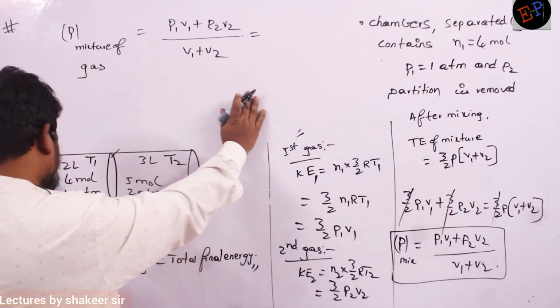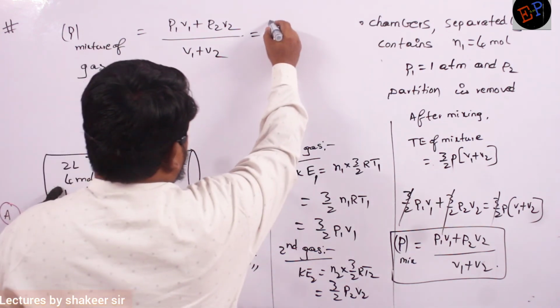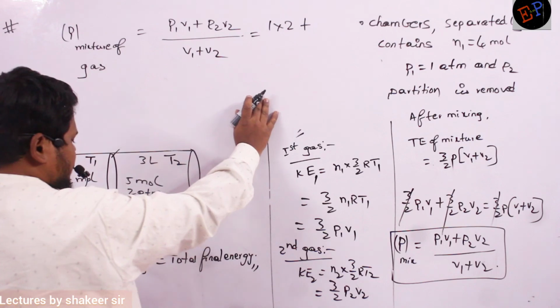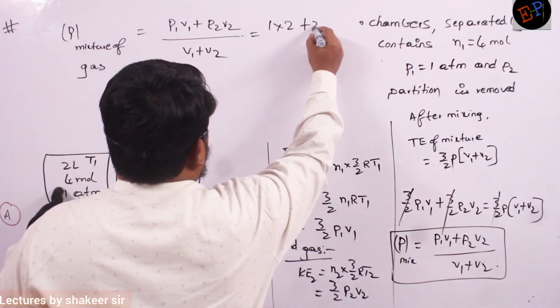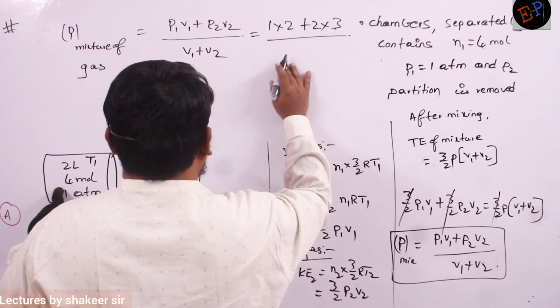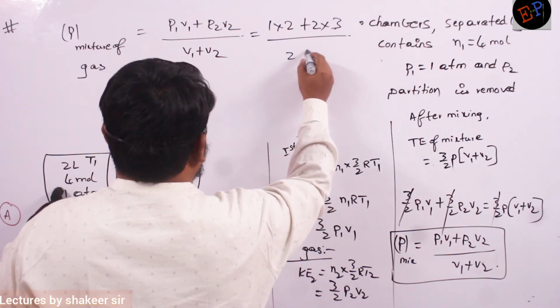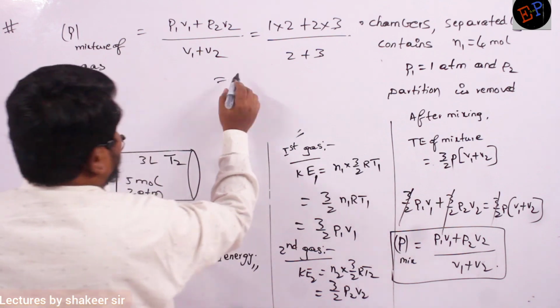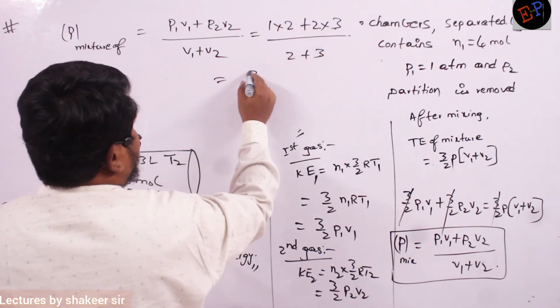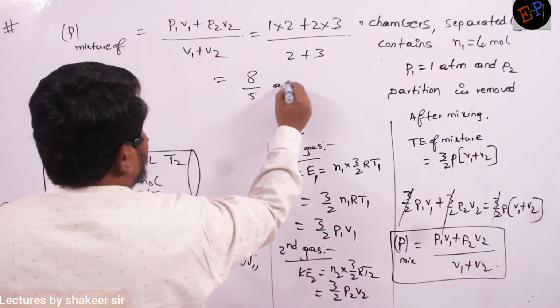So what is the pressure in the first container? 1 atmosphere. Volume is 2. The pressure in the second container is 2. Volume is 3, divided by V1 plus V2, 2 plus 3. So total how much? It is 2 plus 6, 8. 8 by 5 atmosphere.